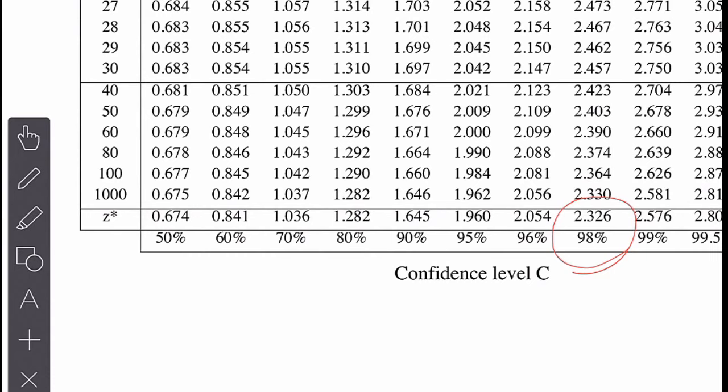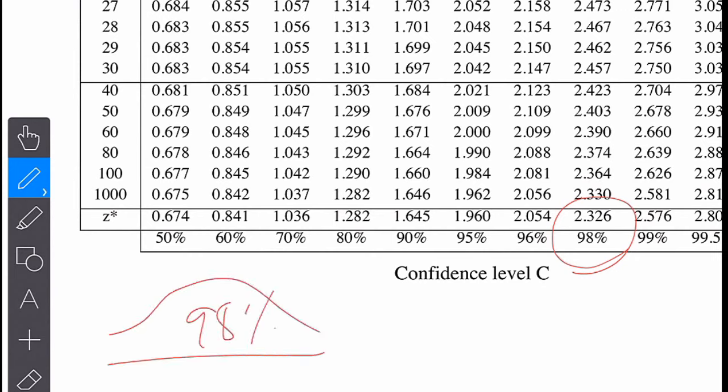In the z distribution, 98% in the middle means that, just to be more precise, rather than 2.33, it's going to be 2.326 below and above.